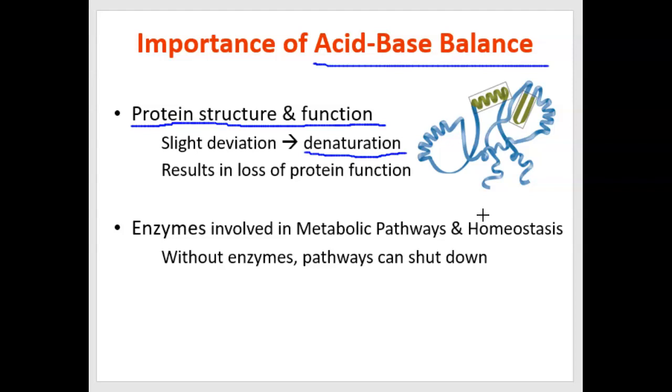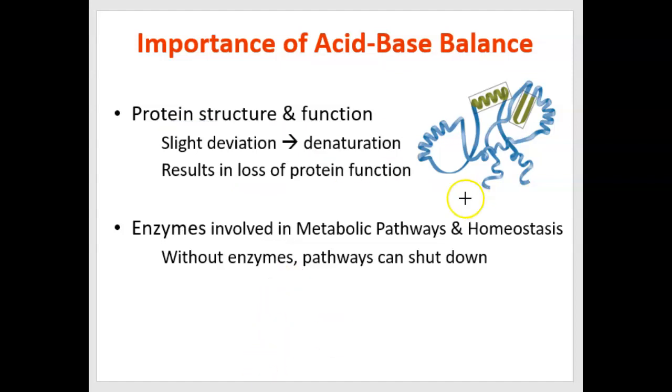If pH is imbalanced, they could unfold, and therefore they don't have the right conformation to perform whatever their function is. And remember that enzymes are proteins. And without enzymes, all our metabolic pathways would shut down or at least not be performed as well. And homeostasis could not be achieved in all the organ systems, essentially. So pH balance is really important.